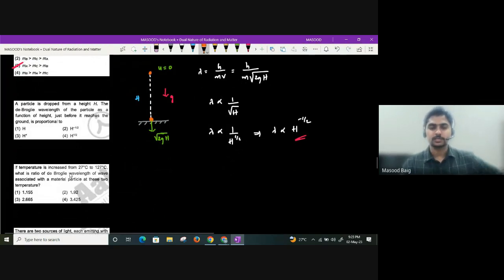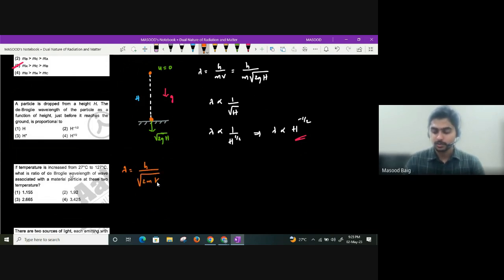If temperature is increased from 27 degrees Celsius to 127 degrees Celsius, what is the ratio of de Broglie wavelength of the wave associated with a material particle at these two temperatures? Now, we know the de Broglie wavelength in terms of kinetic energy is given as h by root over 2mK. This kinetic energy, which we study in kinetic theory of gases, we can also represent in terms of temperature.